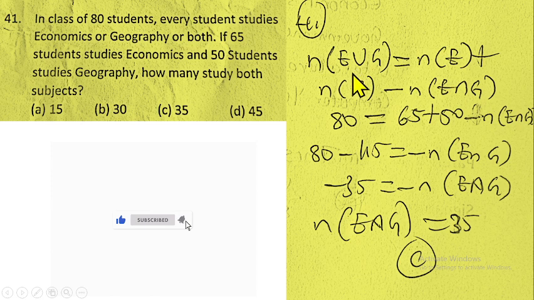That's when this formula will work. But if there are some students that are not doing anything, you cannot use this formula. You have to use your Venn diagram to solve the question. I hope you understand what I'm trying to say. So since there is no student that is idle, this formula will work. The number of elements in the economics union geography is the universal set, because all of them are doing either economics or geography.